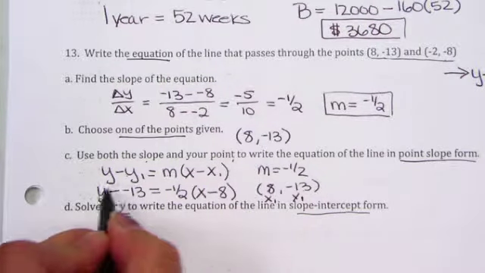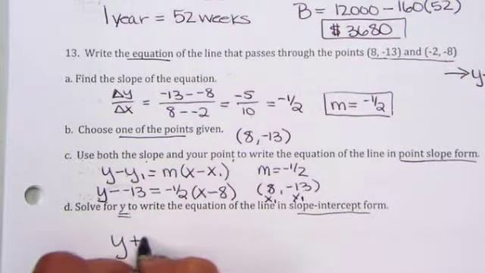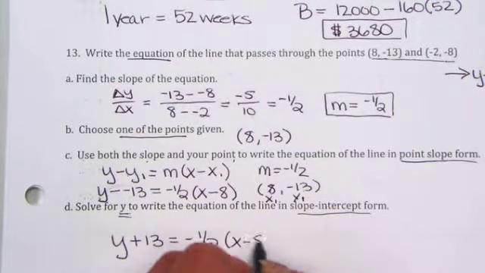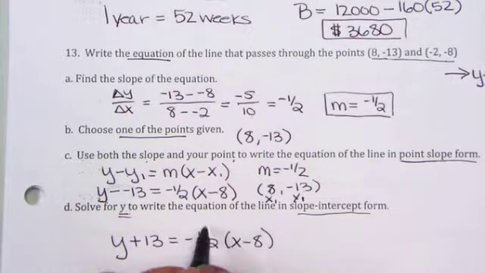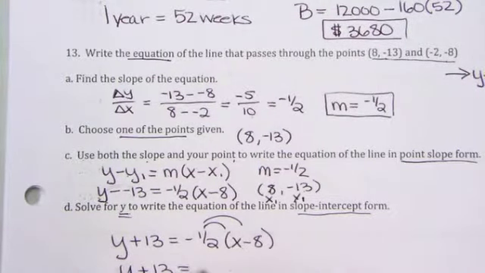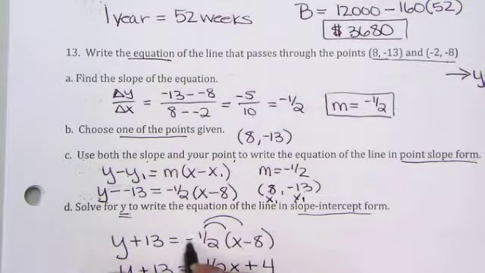First, I'm going to simplify these two negatives. y plus 13 equals negative 1/2, x minus 8. Next, I'm going to distribute the 1/2. y plus 13 equals negative 1/2 x plus 4.